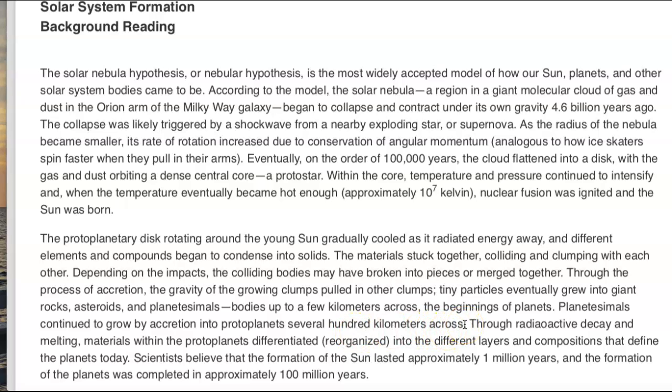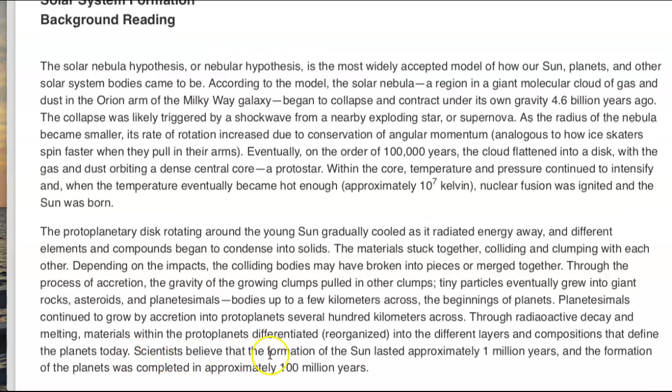Through radioactive decay and melting, materials within the protoplanets differentiated, so they reorganized themselves into the different layers and compositions that define the planets today. Scientists believe that the formation of the sun lasted approximately 1 million years, and the formation of the planets was completed in approximately 100 million years. So just think about the length of time it took for the sun to get there and for our planet to form.